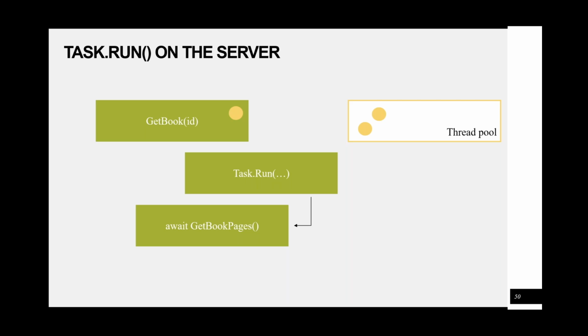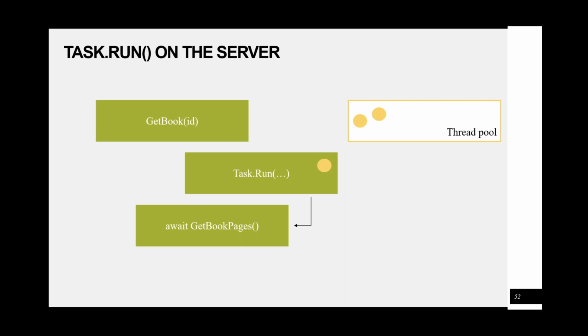We have a GetBook action, and in that GetBook action, Task.Run is executed, which in turn calls into GetBookPages. That's the code we just saw. So let's start at the beginning again. Our GetBook action is being executed, so we obviously need a thread for that. Then Task.Run gets called, which requires another thread.